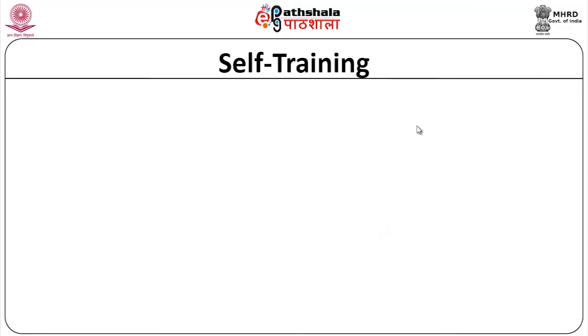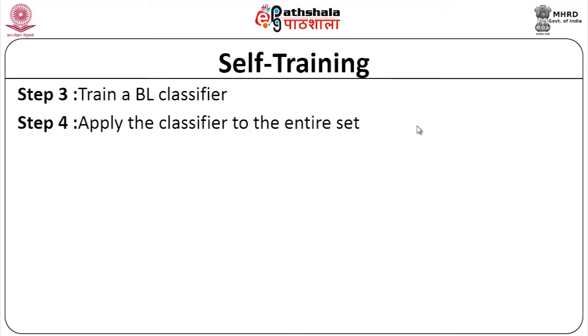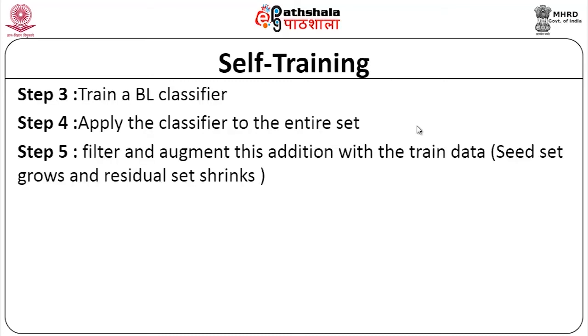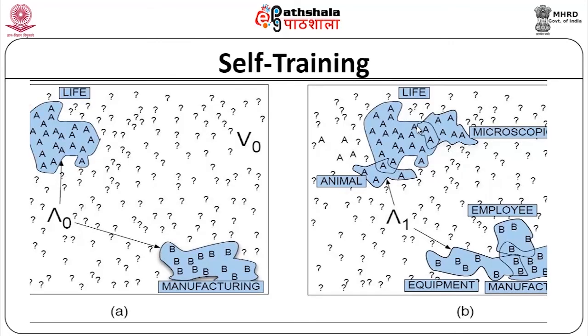Then train a baseline classifier and apply the classifier to the entire set. Filter and augment the training data with the newly labeled examples, so the seed set grows and the residual set shrinks. Repeat until there is convergence. So, what happens here is, you have life and you have manufacturing.